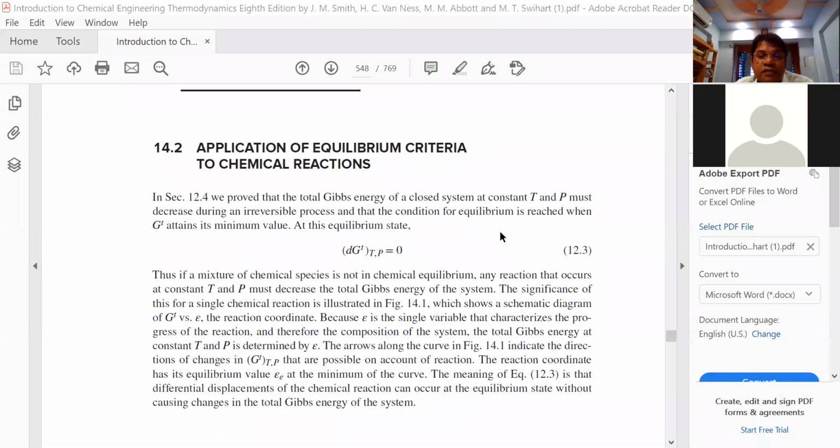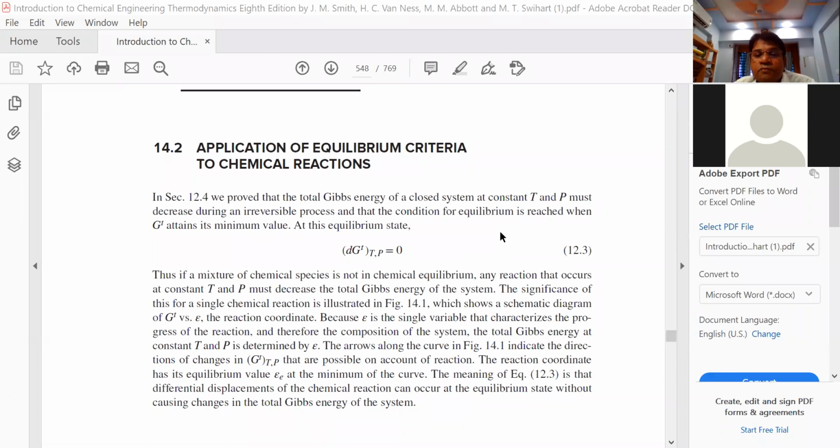That means when a reaction proceeds, the Gibbs energy will decrease. You know how we can calculate the Gibbs energy of a reaction. It is the Gibbs energy of products minus Gibbs energy of reactants.